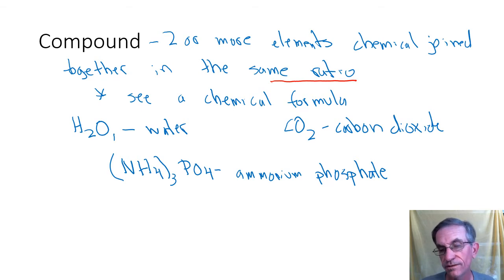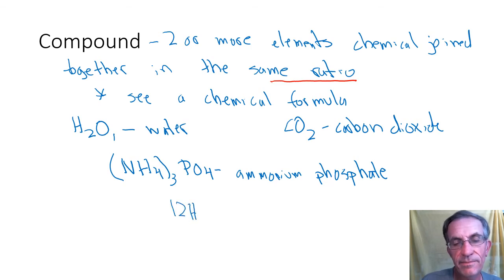And O is oxygen. So the one tricky thing on this one that you're going to see when we talk more over the semester is that sometimes we put things in parentheses. The way this works is if there's a number on the outside of the parentheses, that multiplies times anything on the inside. So in this thing, there would actually be 4 times 3, there would be 12 hydrogens. And then remember again, if there's no number, it's kind of a 1.